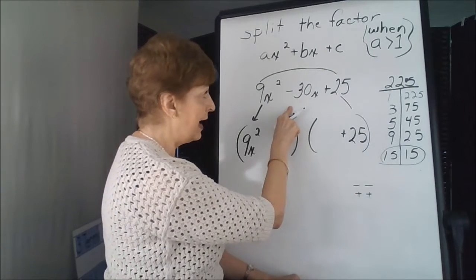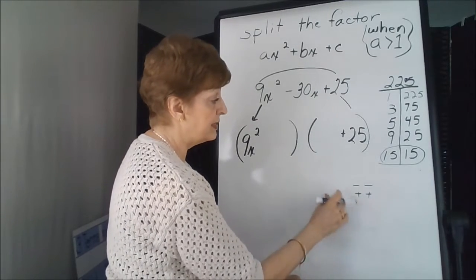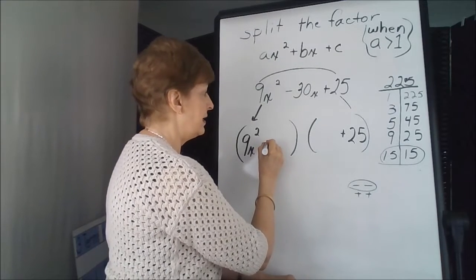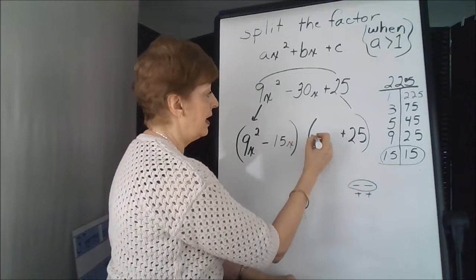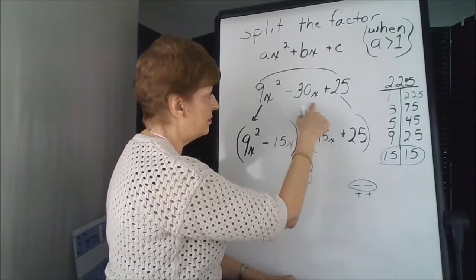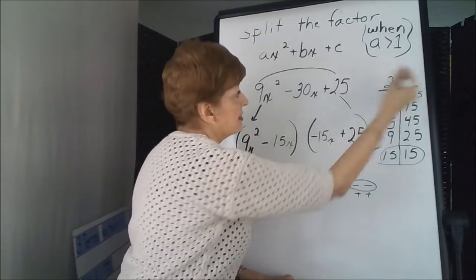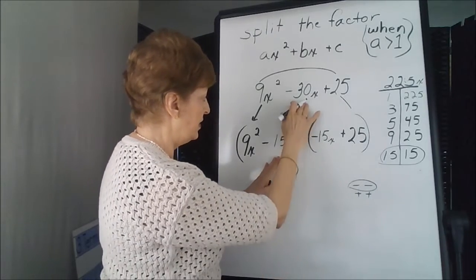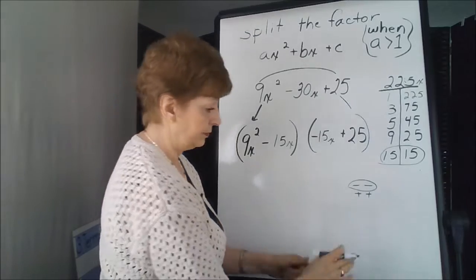And we need a negative 30. The only way we can get that with the choices that we have is two negatives. So we're going to do a negative 15x and a negative 15x. We're splitting this middle term, so 15 of the x's went here, and 15 of the x's went there.